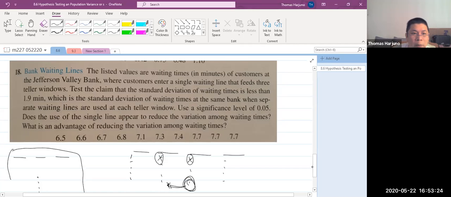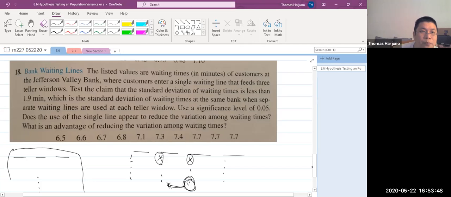So if you have multiple waiting lines, the standard deviation of waiting times is 1.9. The thing is, what if we make it a single line? Now use significance level 5%. Does the use of a single line appear to reduce the variation among waiting times?